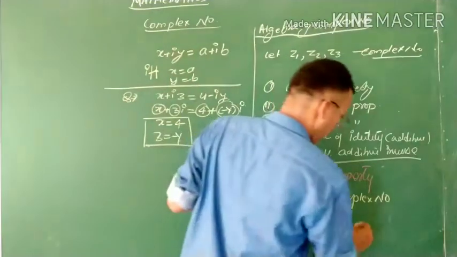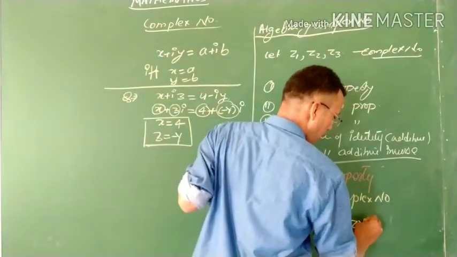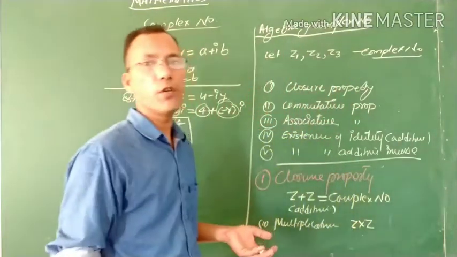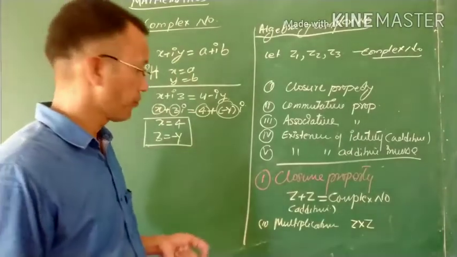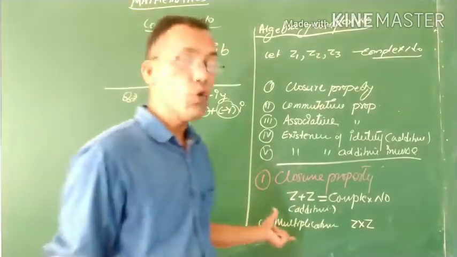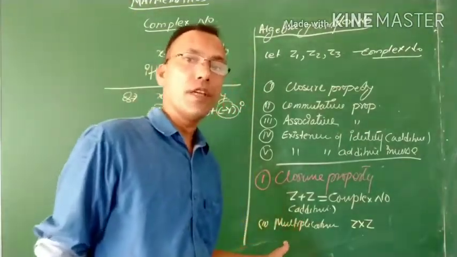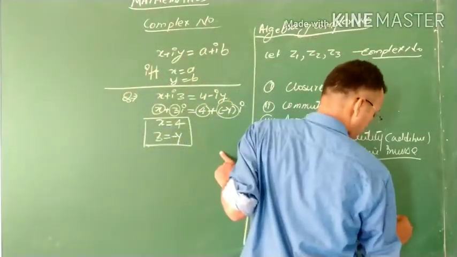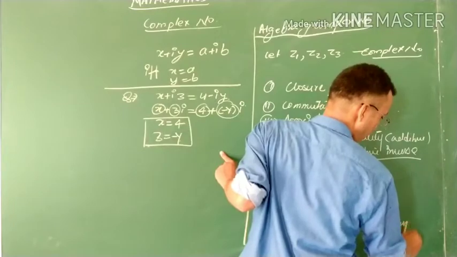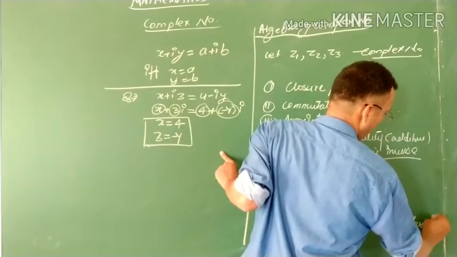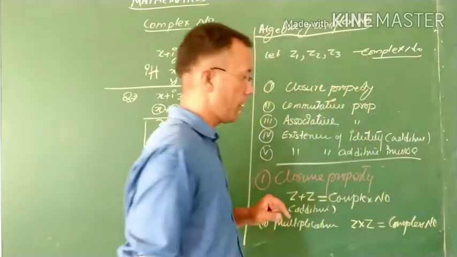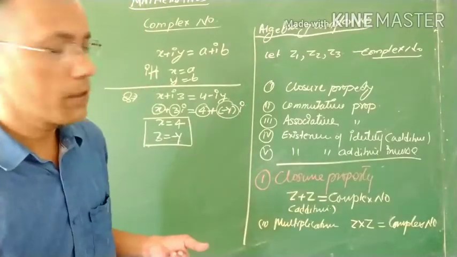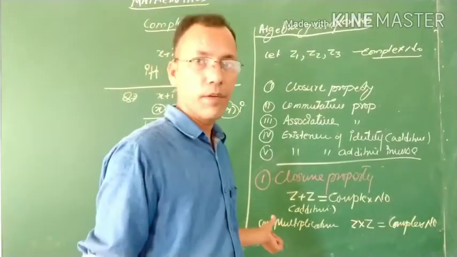The same thing here: if z1 into z2, two complex numbers, are multiplied, then the answer will be a complex number. That means closure property is satisfied for complex numbers for addition as well as multiplication.